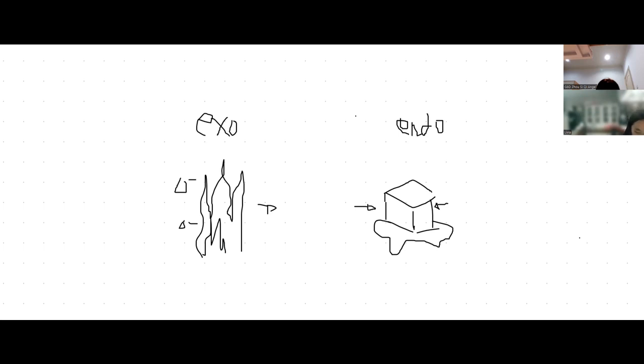There are several indications of a chemical reaction. First of all is the color change. Next is the precipitation formation.